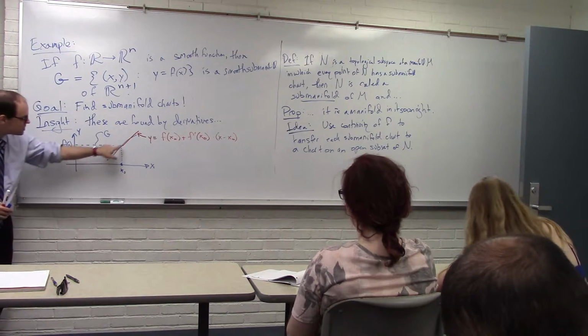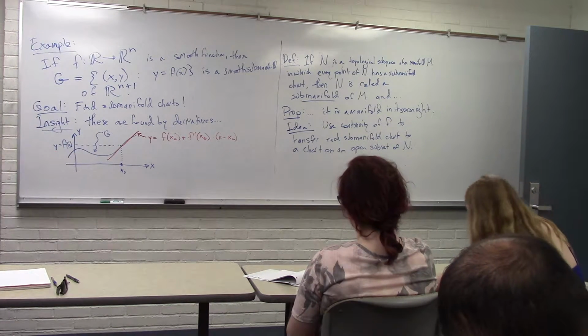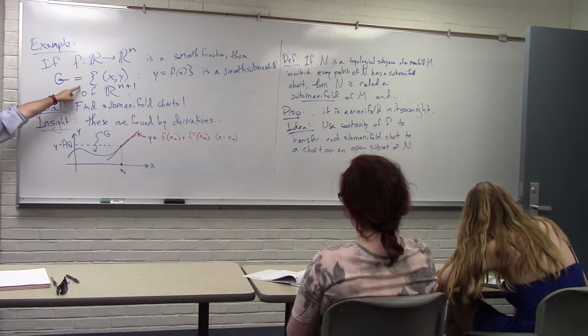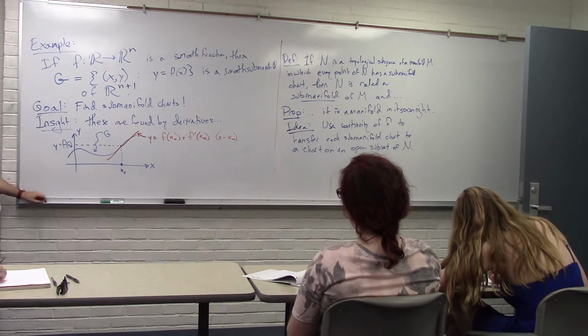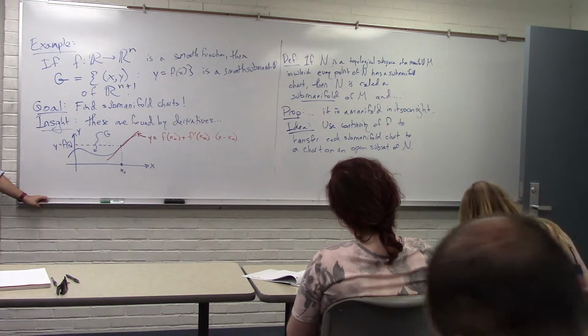G is the graph, this blue set, a subset of the plane. It's the set of all x and y such that y is equal to f(x). It's a graph.